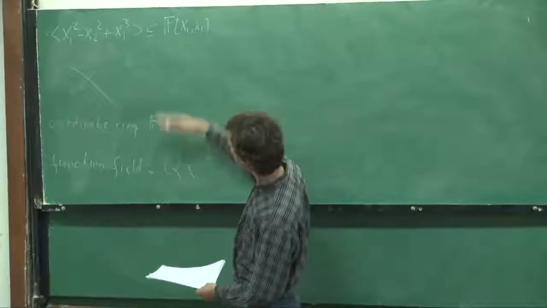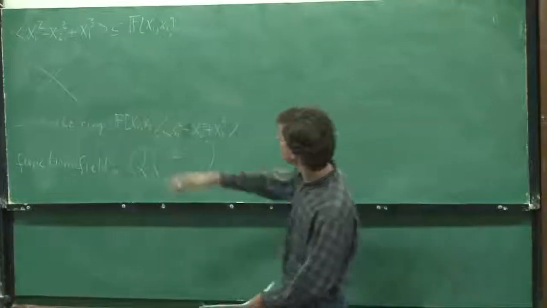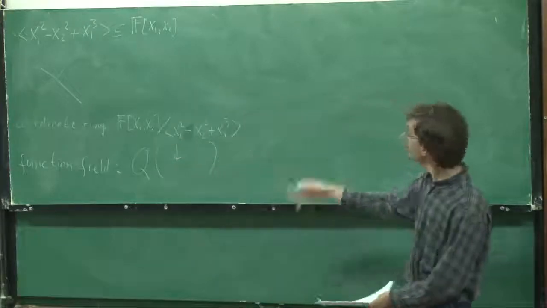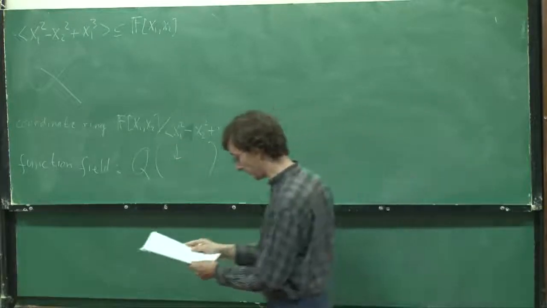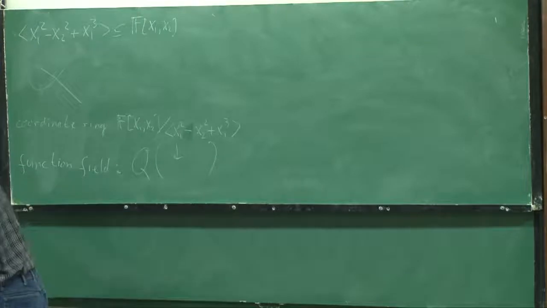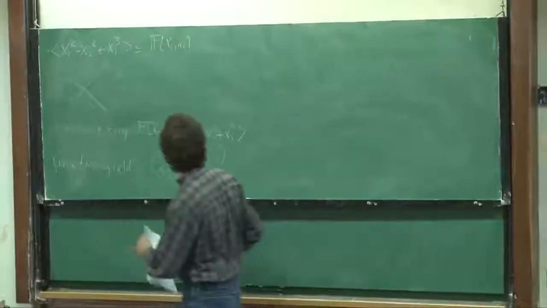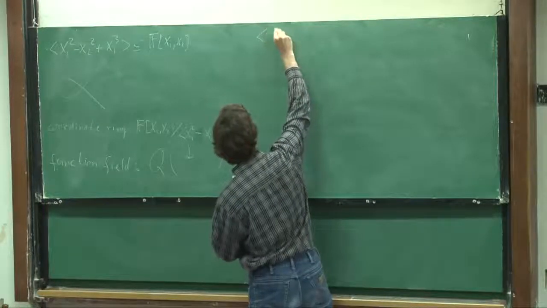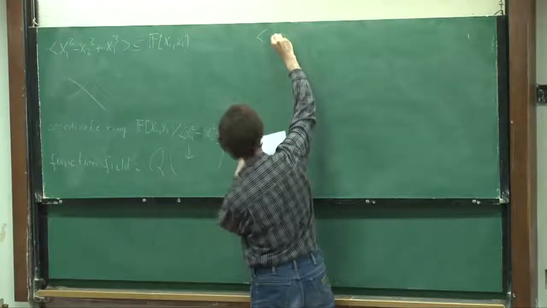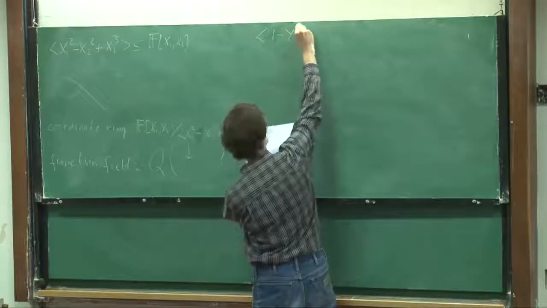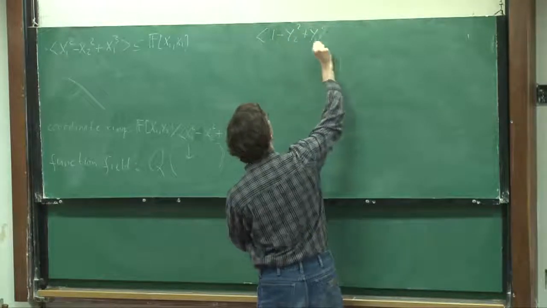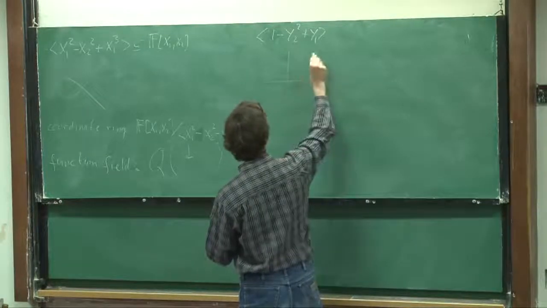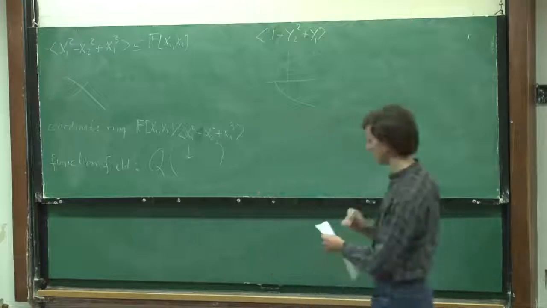Now, the question is, how is this correspondence? So given a prime ideal in some polynomial ring, we get a function field. But what about the reverse direction? Well, it turns out that that is a bit more subtle, because if I look at a similar construction, let me write it down correctly, like this. Then I look at this ideal, it would over the reals look like a parabola, like that.